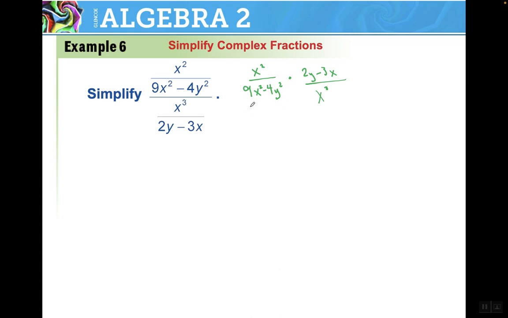This is factorable because we have a difference of squares, because this is 3 squared x squared minus 2 squared y squared. So this would just be 3x plus 2y and 3x minus 2y. And then this would cancel. This would just be an x on bottom.